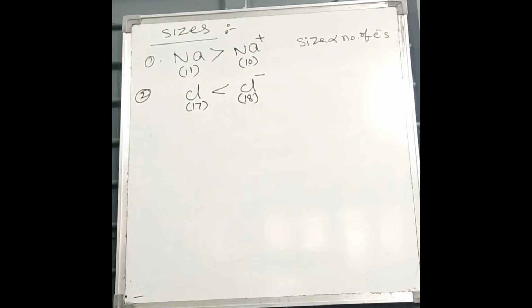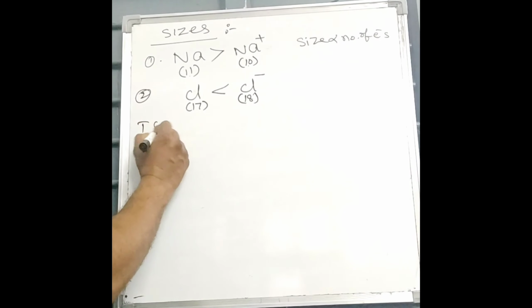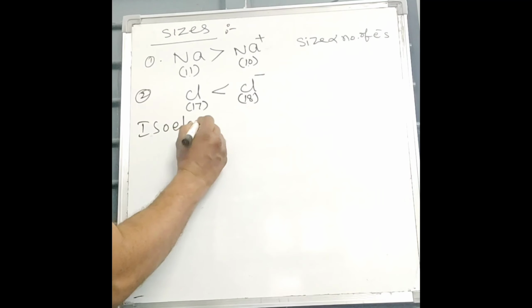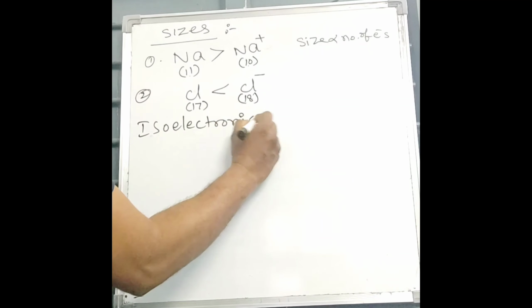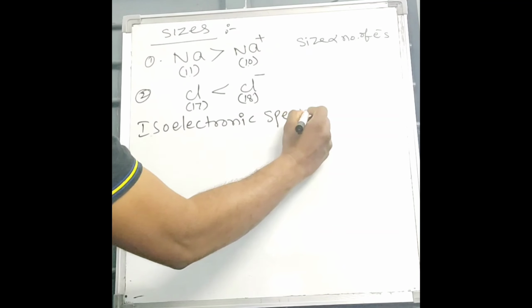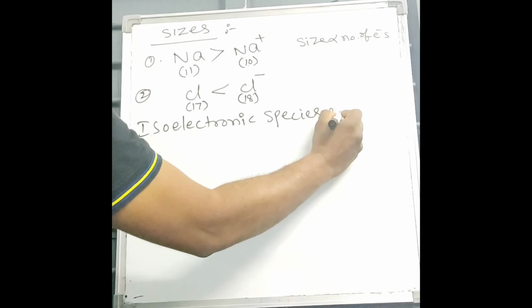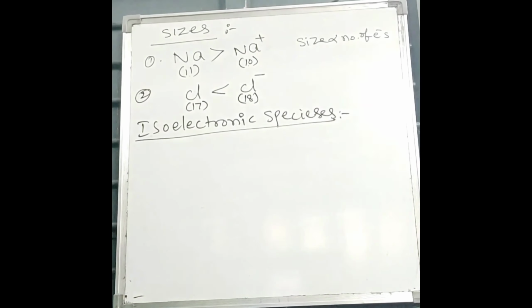And now see, isoelectronic species. What is the meaning of isoelectronic species? The species in which the number of electrons are the same.